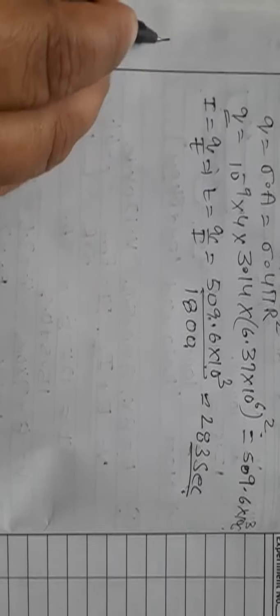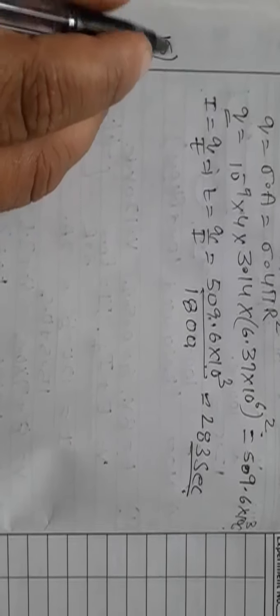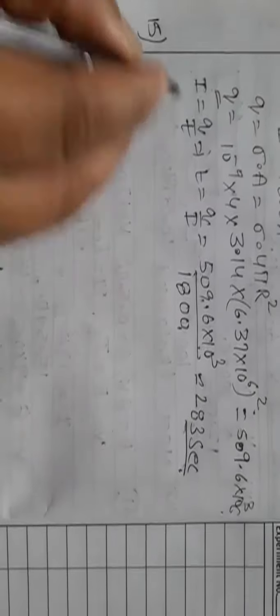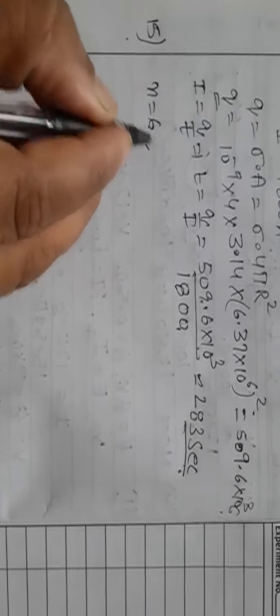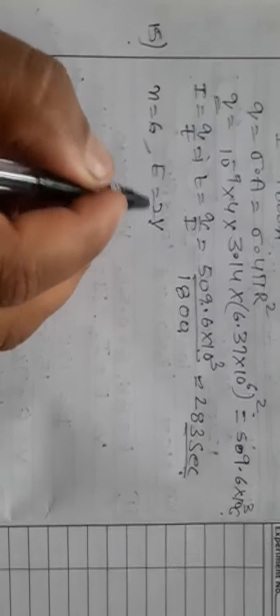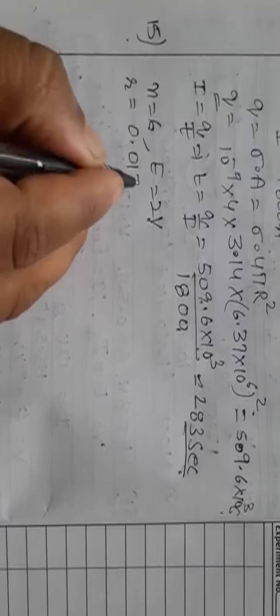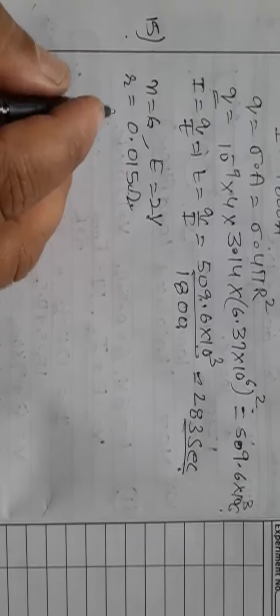Now I come to question number 15. 6 lead acid type secondary cells. How many cells, children? 6. Each of EMF 2 volt and internal resistance of 0.015 ohm are joined in series.